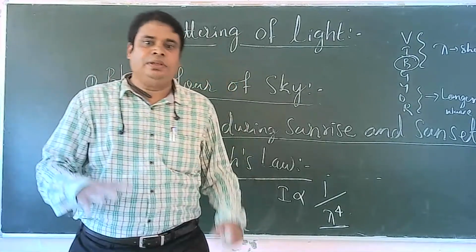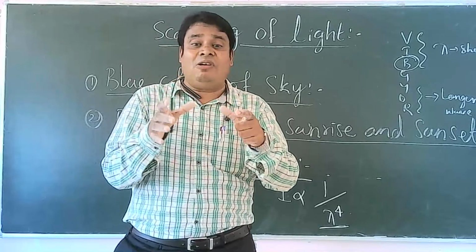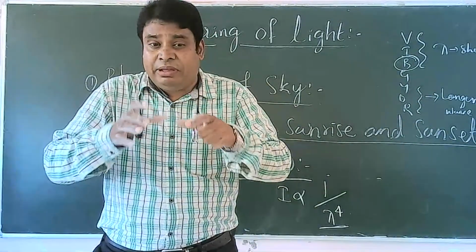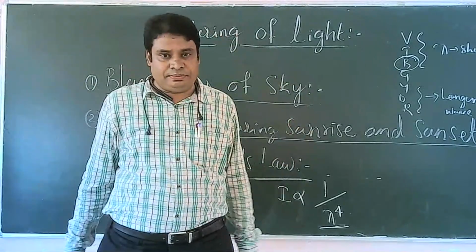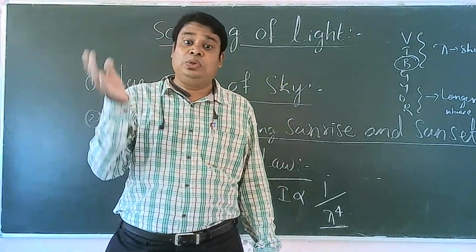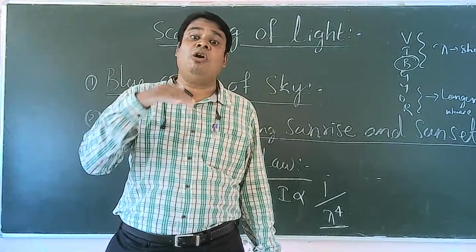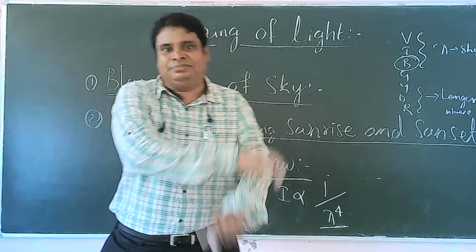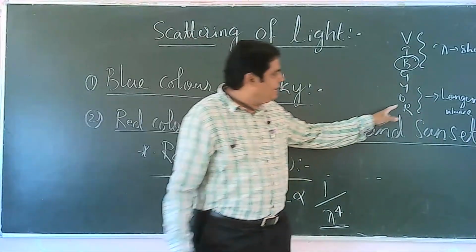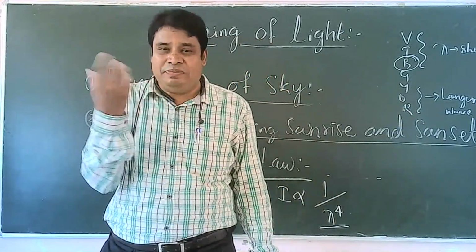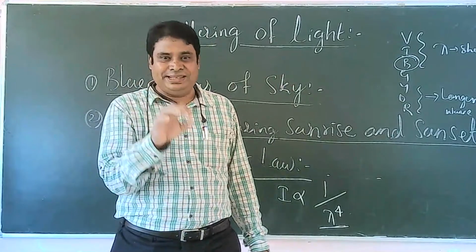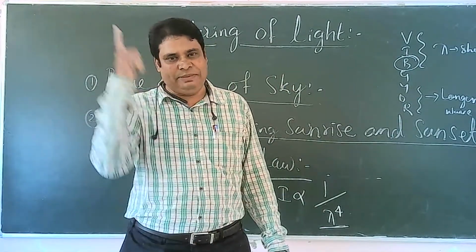While traveling, colors of shorter wavelength are scattered away from the observer. Only light with longer wavelength reaches the observer. On the longer wavelength side we have yellow, orange and red, so we feel reddish.